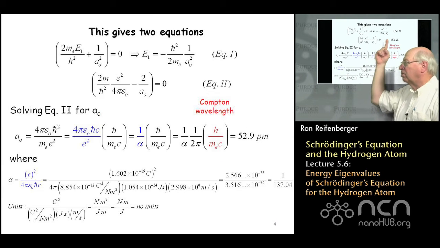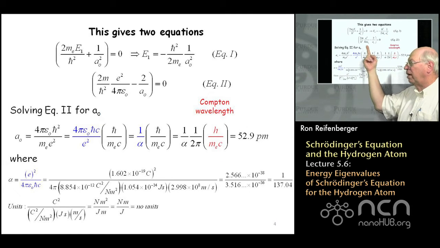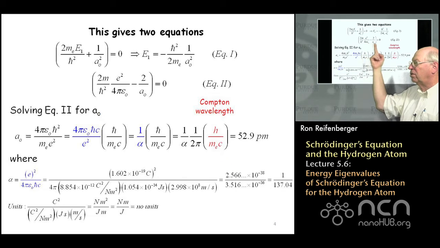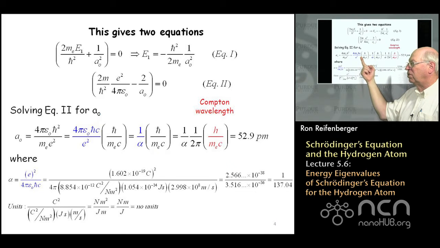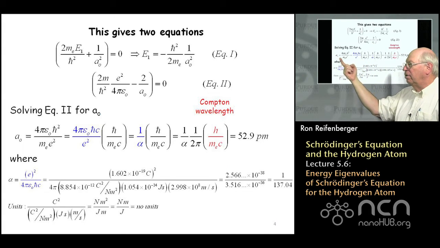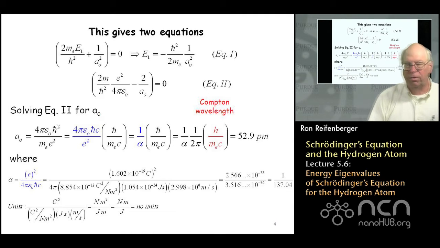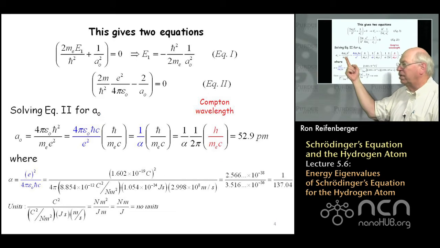And that parameter 1 over A0 squared, we can get an expression for A0 by looking at equation 2 here. So if we solve equation 2 for A0, we've got this complicated expression which can be rewritten in a number of different ways. It's interesting that A0 only depends on fundamental constants in nature.